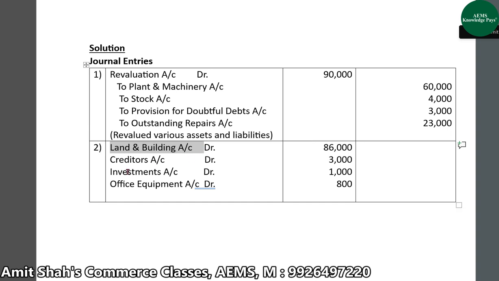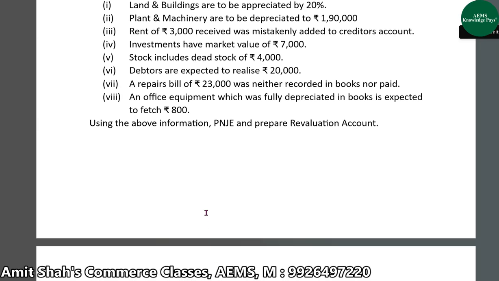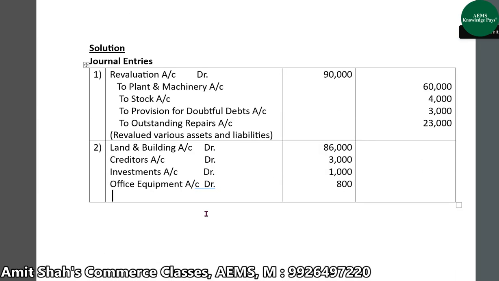So these are the 4 points where the firm has profits upon revaluation. We have increased the value of three assets and we have decreased the value of one liability. And they all denote profits for the business. And to record the profits, we credit revaluation account.